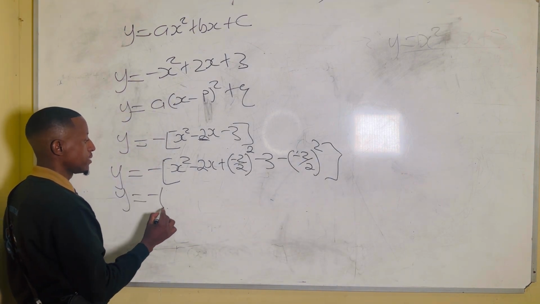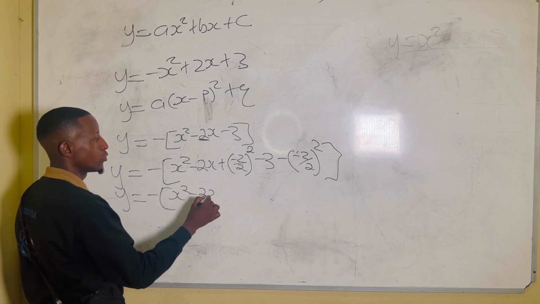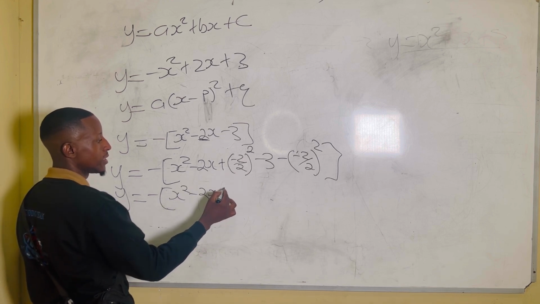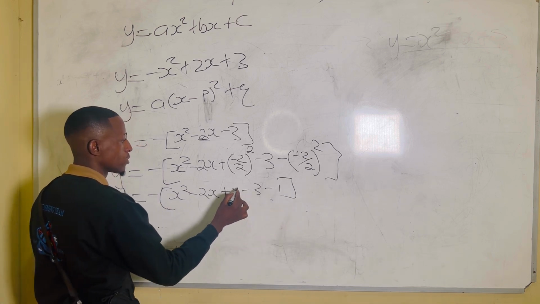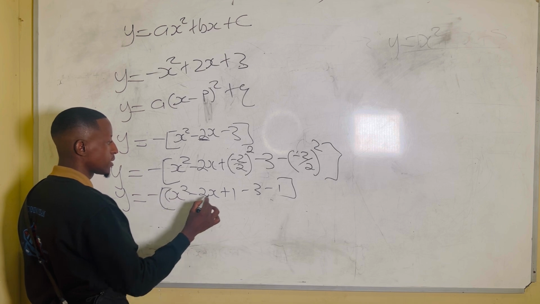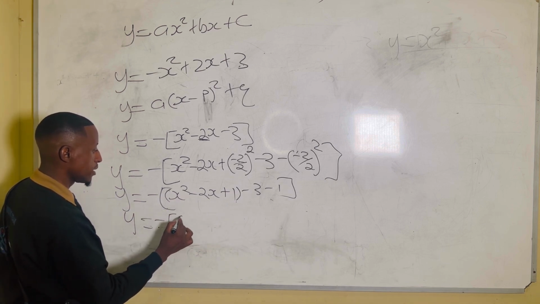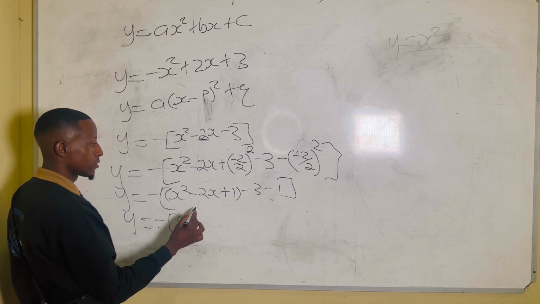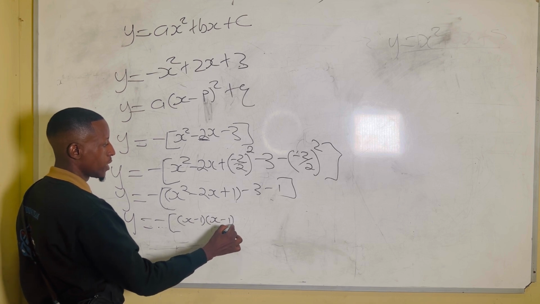To simplify this, we're going to have x squared minus 2x plus 1, minus 3 minus 1. So you're going to take this first part and factorize it. If you factorize it properly, you're going to get x minus 1, x minus 1.